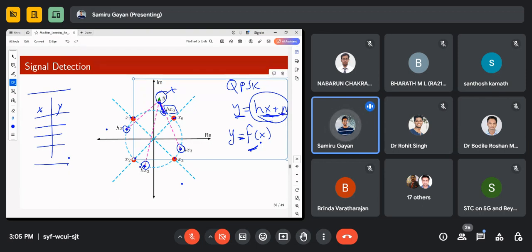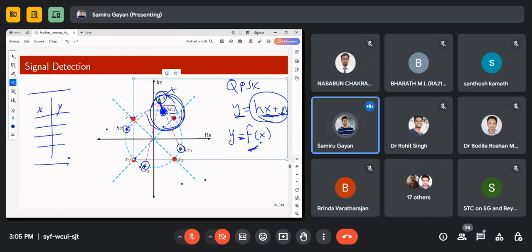Like if you have a relationship, we have hx, and around that we have noise. But in a high power region, the noise effect is low compared to the received power, which means SNR is high. That's why machine learning models fail.